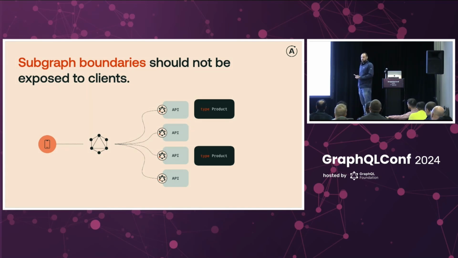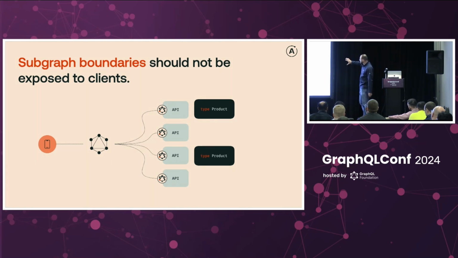But another important reason is evolvability. You want to be able to make changes both to individual services, but also to the boundaries between them. You want to be able to move functionality around. Maybe you have an opportunity to use a new API for part of your graph. All those changes should be possible without affecting the client API.